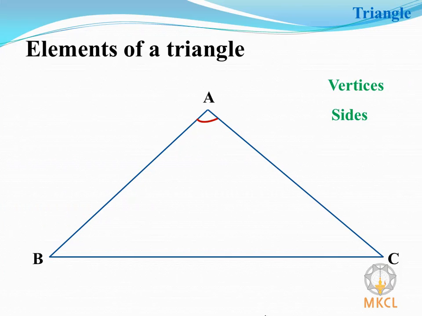An angle is formed at each vertex. The angles of a triangle ABC are angle A, angle B and angle C.